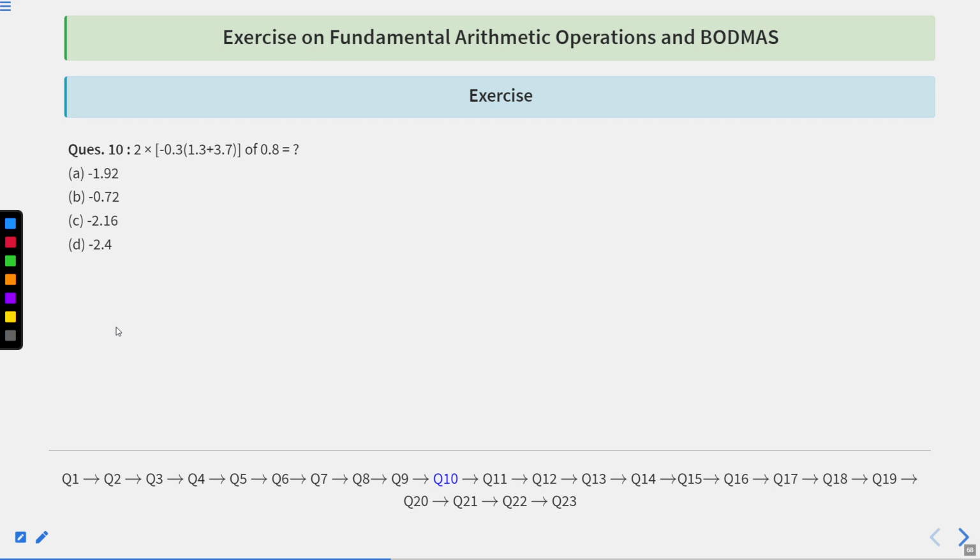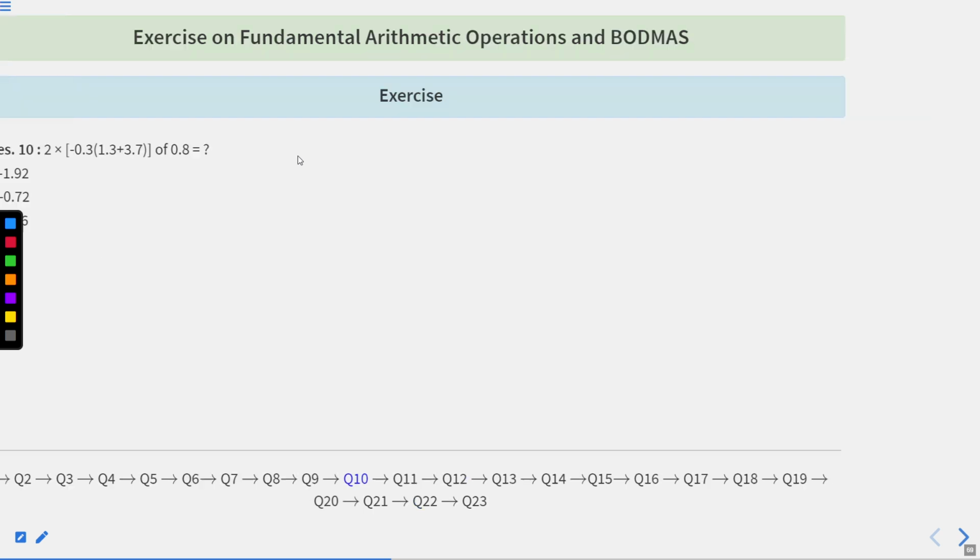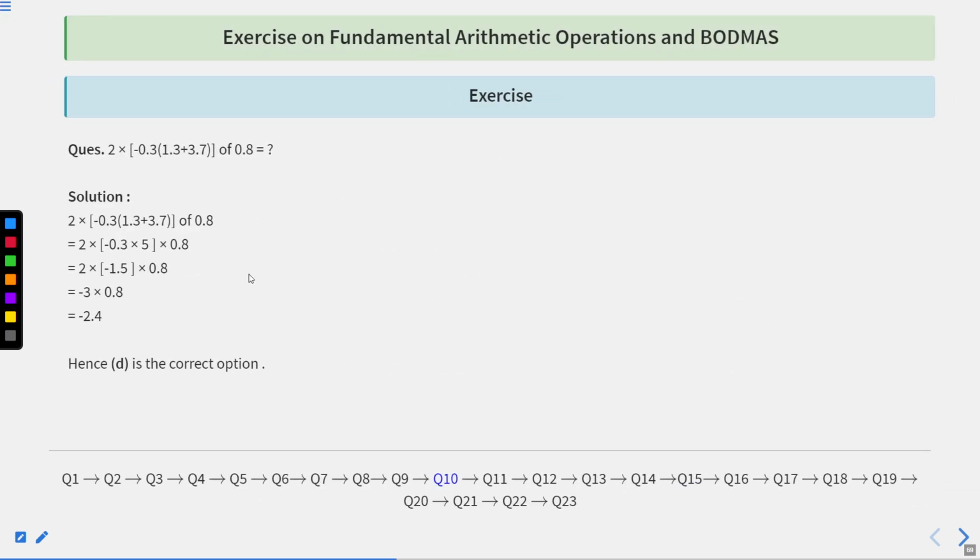Moving to problem number 10. So in this question, we have an expression 2 times minus 0.3 times 1.3 plus 3.7 of 0.8. So what is the value of this expression? So it is equal to 2 times minus 0.3 times 5 times 0.8.